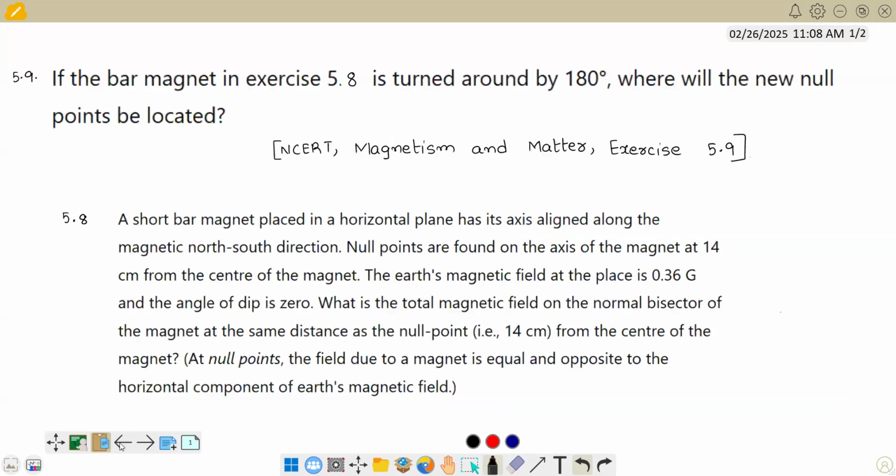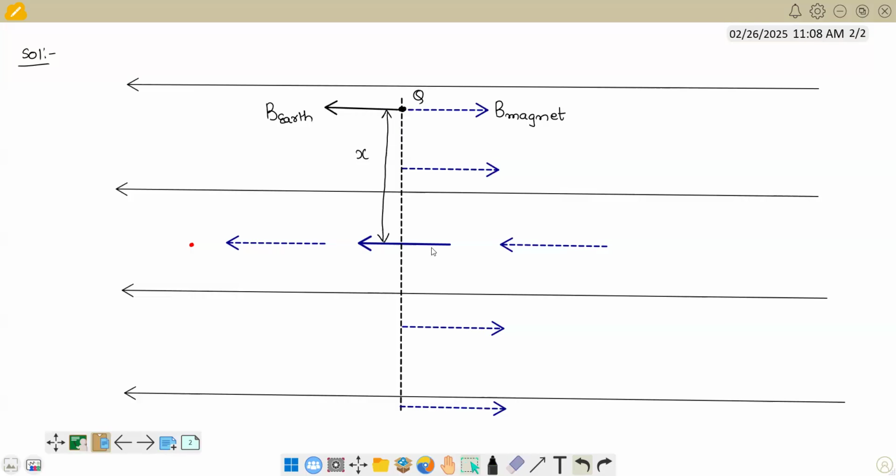I will take a little information from the previous question. In the previous question, he has given if our magnet is aligned in this way, we get a null point at 14 centimeter. What does it actually mean?